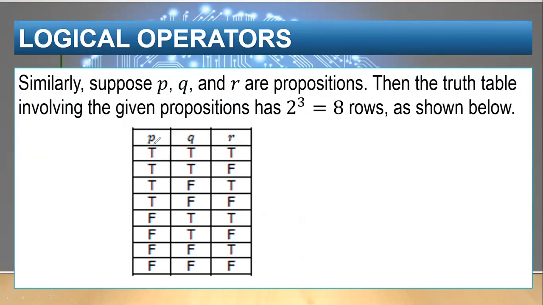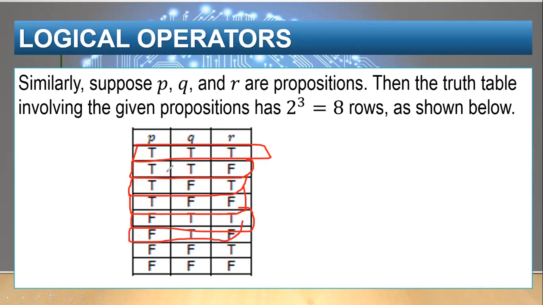We have 8 rows. For the first row, all of the propositions P, Q, R are true. Then for the next row, yung dalawang proposition lang yung true, then yung R yung false. And then for the next, Q lang yung false. Next, dalawa na yung false, Q and R. Next, P naman yung false, Q and R yung true.